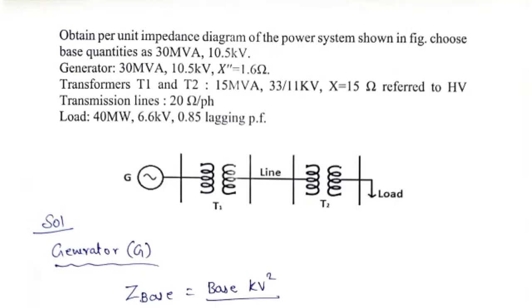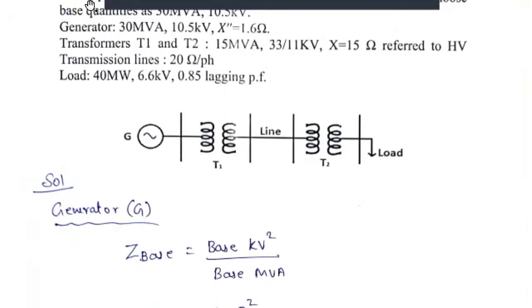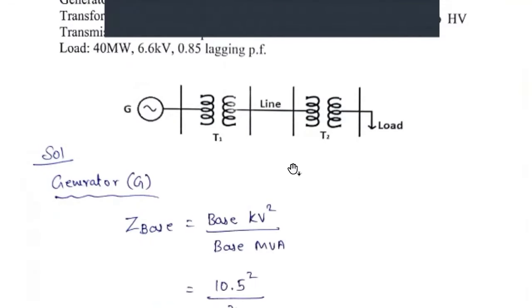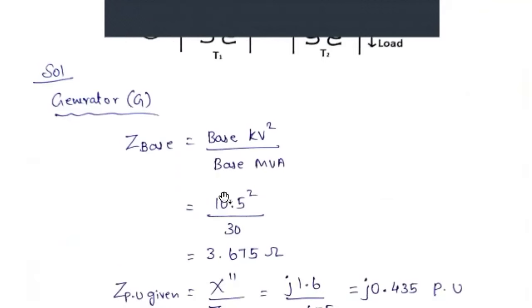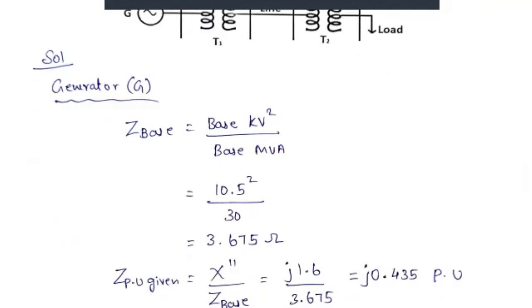But if you choose the generator base value itself, then it is easy for you to solve. So in this problem also, we have taken the generator base value: 10.5 square divided by 30 MVA. So we are getting the value as 3.675 ohms.